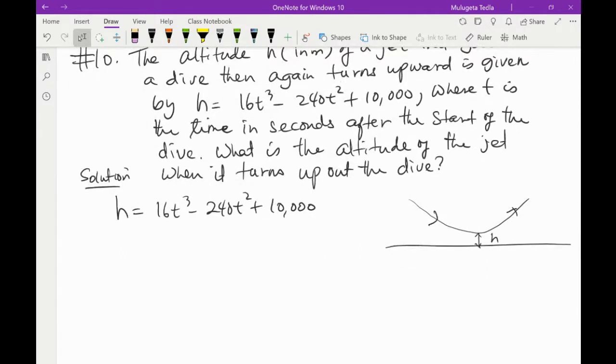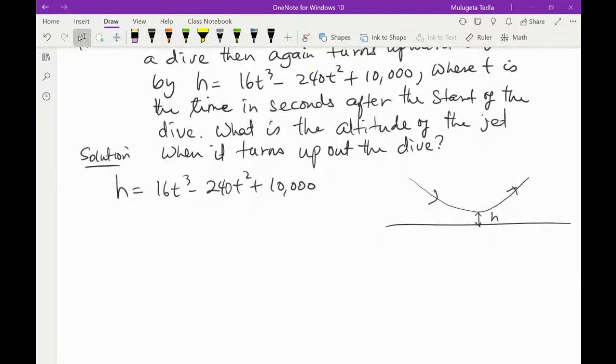So we want to know the critical number. There could be, it's a cubic function, so there could be two critical numbers, and then we have to determine which one is going to give us the value of h.